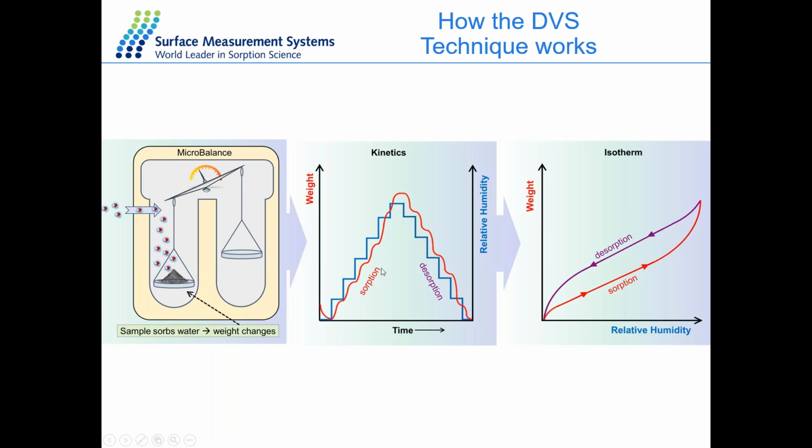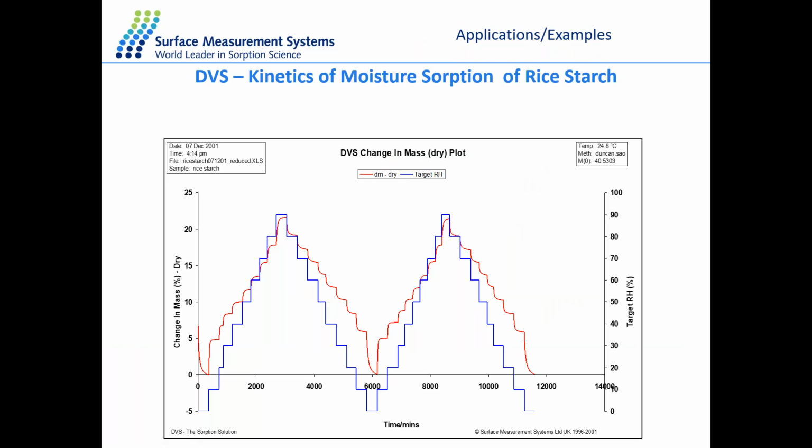We wait at each stage for the sample to reach equilibrium, then we record the mass at equilibrium, and then we can plot the percentage mass change of the sample against the relative humidity to obtain the isotherm plot.